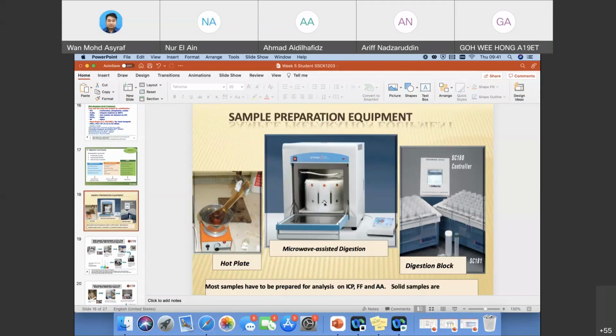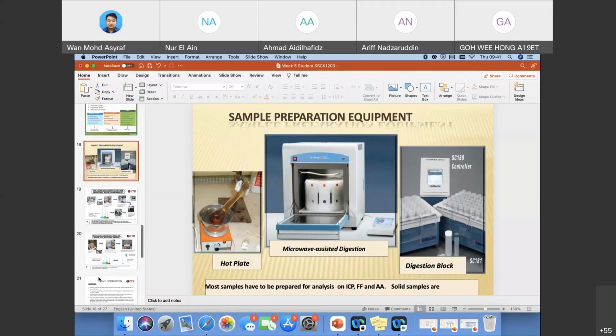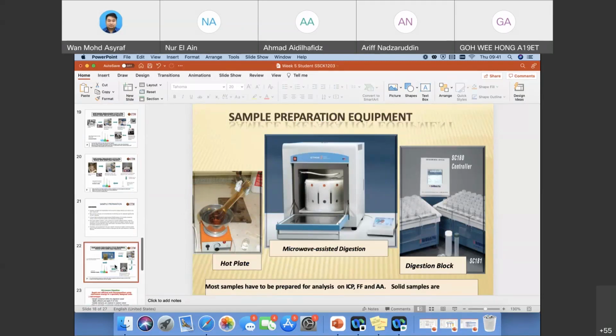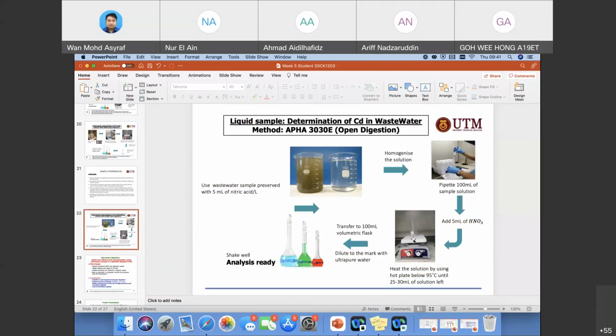Microwave assisted digestion is usually a closed system. You place it onto the microwave, set the temperature and pressure that you want, and digestion happens inside, rather than open digestion, where your solvent is evaporated into the air.